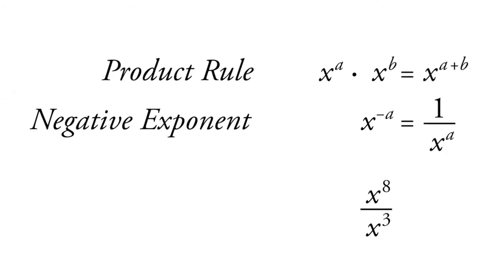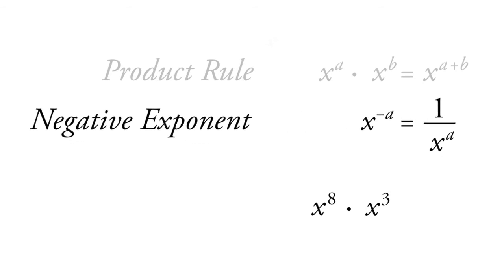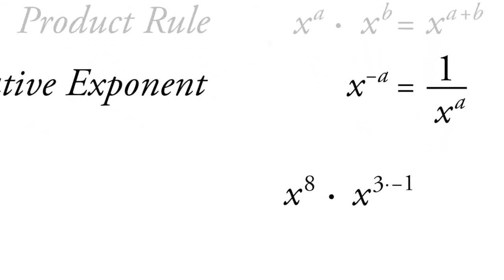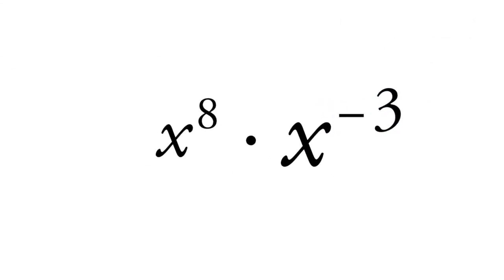Now if we have x to the 8th over x cubed, well, we can just use some of the rules that we had before, right? So we can say x to the 8th over x cubed, and we can take that 1 over x cubed and bring it up to the top as long as we turn it into a negative exponent. So we multiply the exponent by negative 1. So now we have x to the 8th times x to the negative 3.